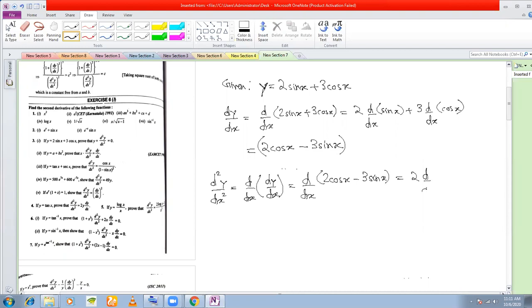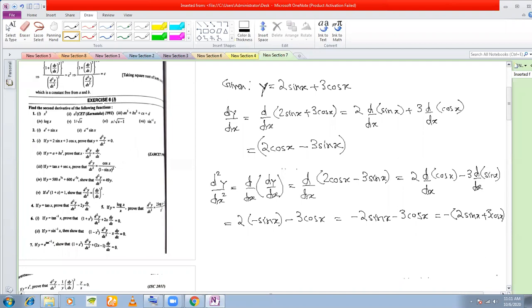So 2 ddx of cos x minus 3 ddx of sin x. You get ddx of cos x as minus sin x, and ddx of sin x as cos x. So you get minus 2 sin x minus 3 cos x. You can take minus common. You get minus (2 sin x plus 3 cos x).